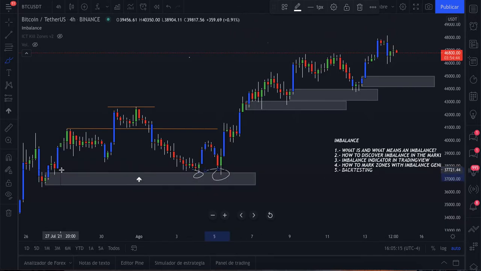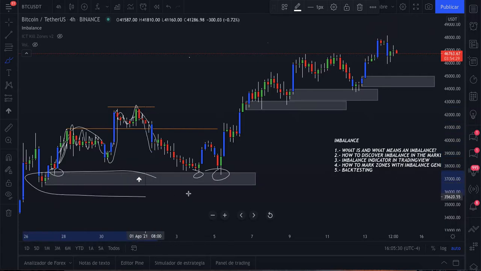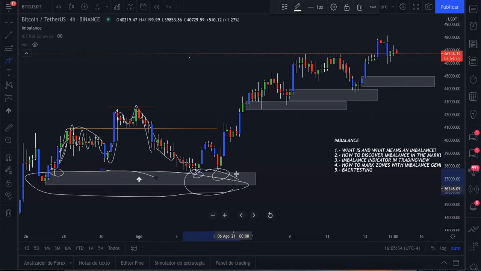But we need to consider that the price tested this zone and reacted really well. So when we have a reaction, an explosion, accumulation outside the zone, there is more chance that price will go back to react and continue the trend.